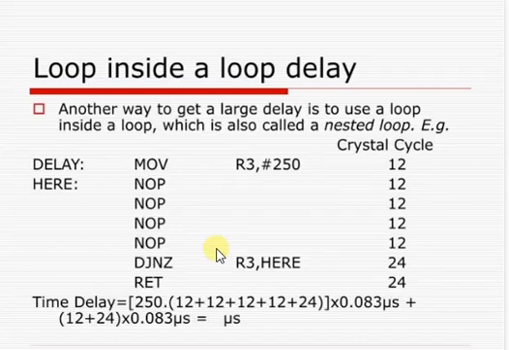Loop inside a loop delay. Another way to get a large delay is to use a loop inside a loop, which is also called nested loops. Here, the delay: MOV R3, #250, NOP, NOP, NOP, NOP, DJNZ R3, HERE, then return.